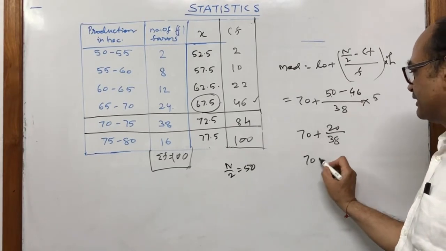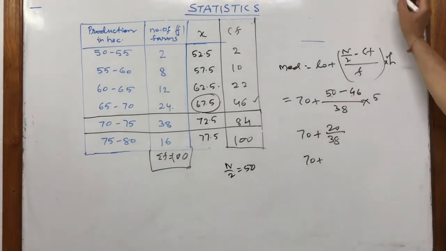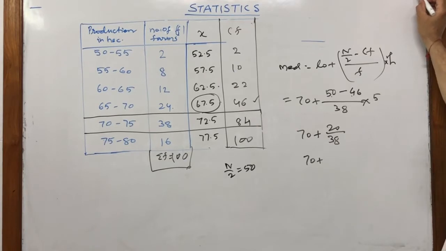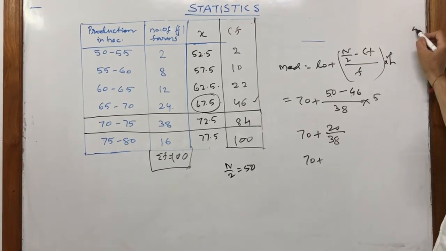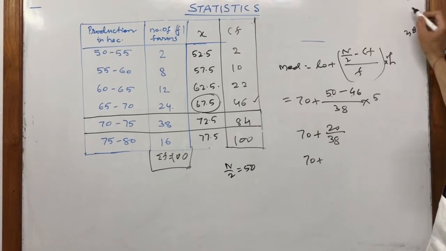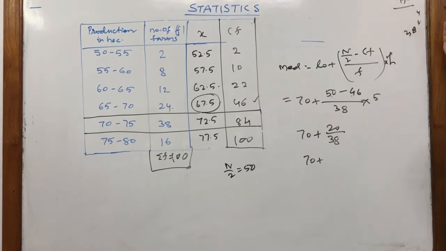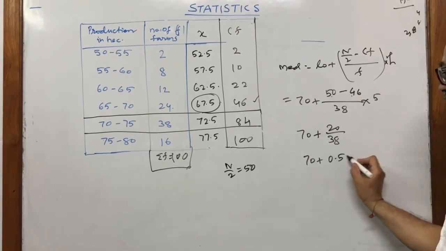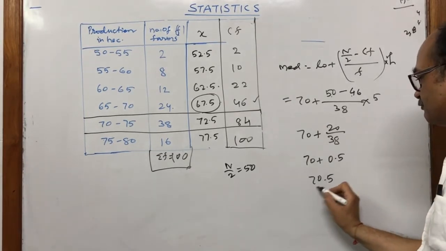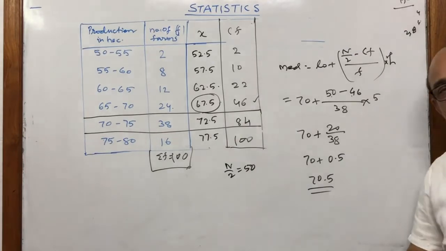You have to divide in the rough column 20 divided by 38.0. 7 times, 6 times, 5 times. 0.5 approx. Answer is 70.5 is the median.